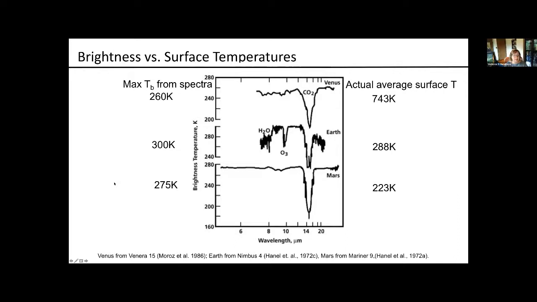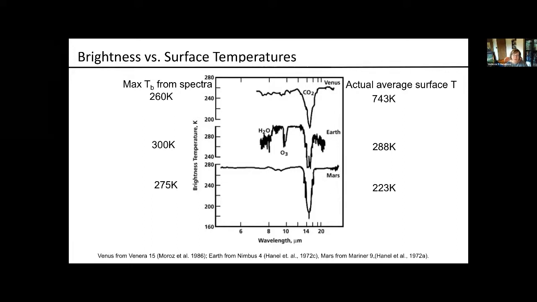Okay, so let's talk a little bit about what we can get from the thermal data. And I just want to point out that early on, especially in exoplanet science, there was a tendency to just use the equilibrium temperature for everything, and dangerously assume that we actually knew something about the planet's environment from that equilibrium temperature.